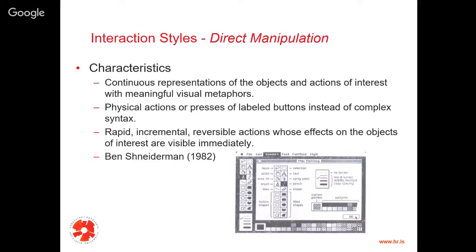So direct manipulation is a contrast to the command things. It is a continuous representation of the objects, meaning that you see directly what happens. So you move the mouse and the mouse shows. You think this is really normal, but it wasn't that way at this time.